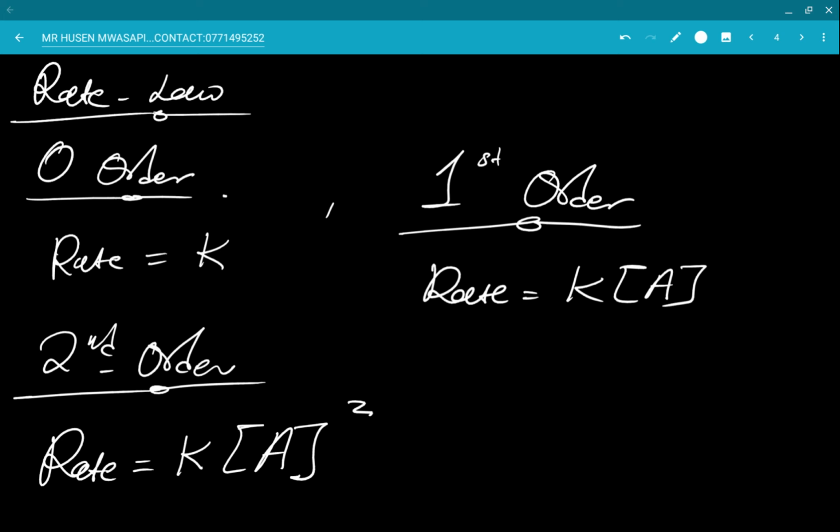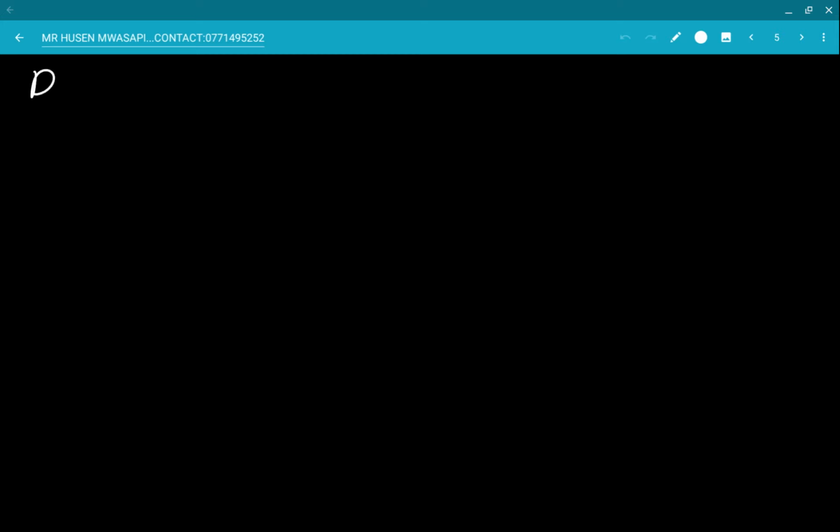Integrated rate laws come about as a result of the rate law and the rate expression. Remember, the rate expression and the rate law both give you the rate. This means that the rate expression is equal to the rate law.